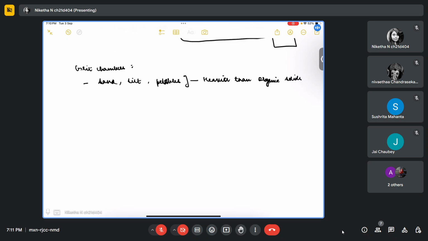So these need to be collected, because if we don't remove sand, silt, and pebbles, then when we go to the next procedure of secondary treatment and then tertiary treatment, when water flows through pumps or through some kind of pipeline, it can lead to corrosion.